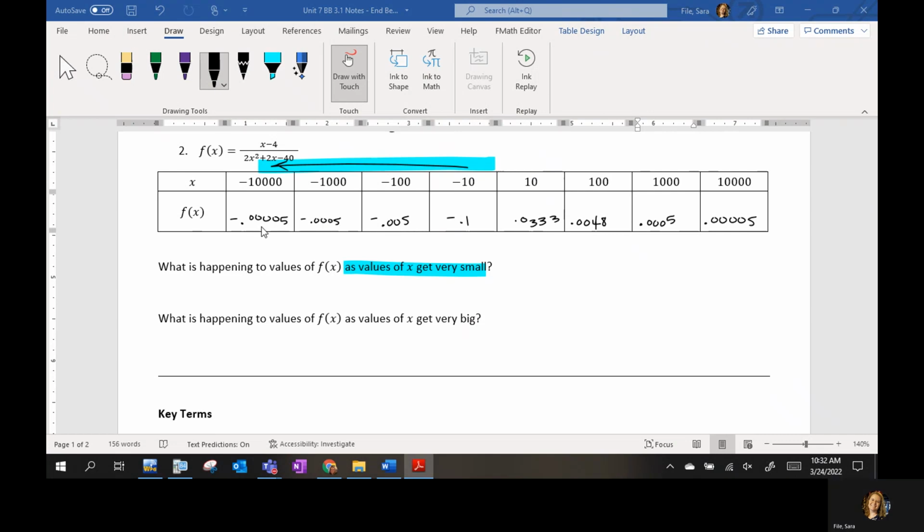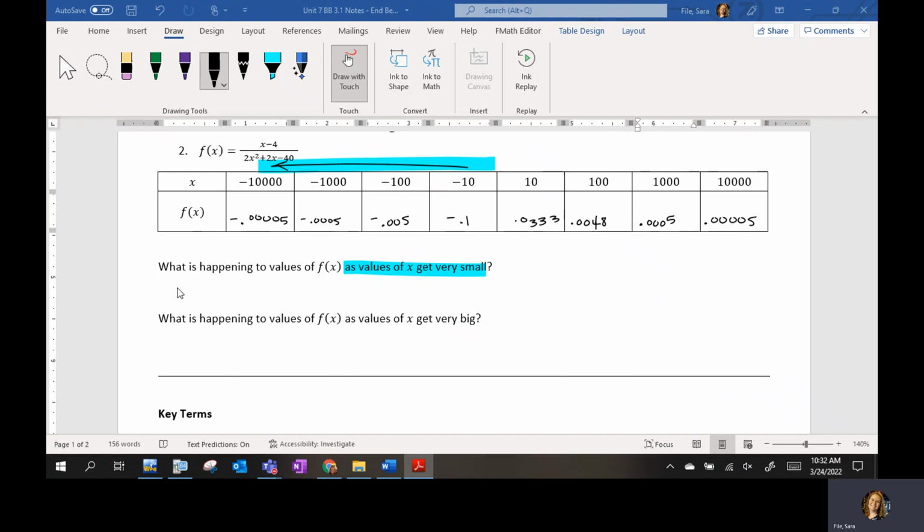I know what you mean when you say smaller, but smaller would be more and more negative, right? This is getting less and less negative, right? The number is getting smaller, but since they're all negative, it's actually going up, isn't it? Yeah, but it's going up toward what? What number is it approaching? 0. As we go left, this is getting closer and closer and closer to 0.